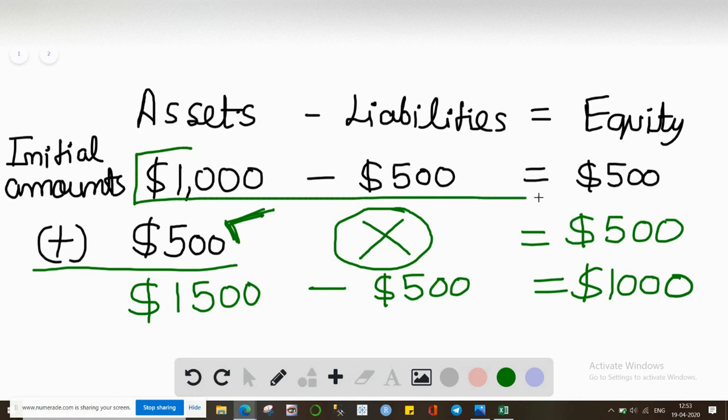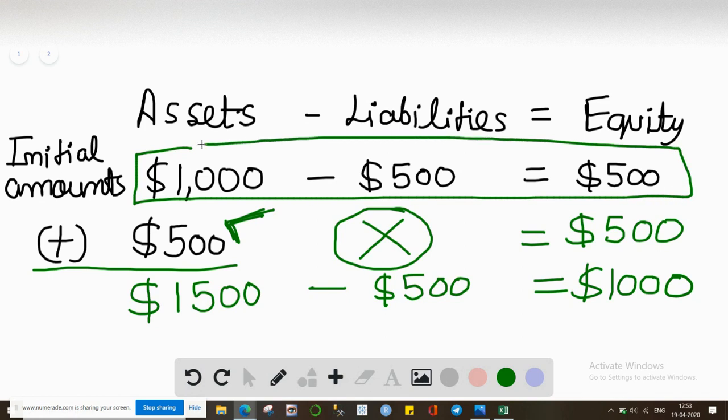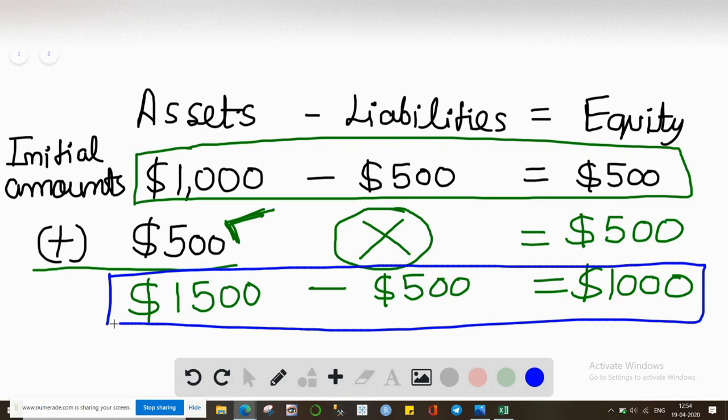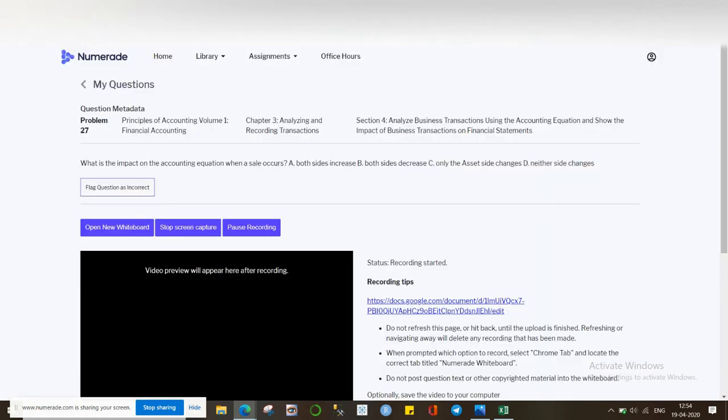This is the initial level, and this is after considering the transaction. You can see there is a $500 increase, and there is also a $500 increase. So the correct solution for problem 27 is A.